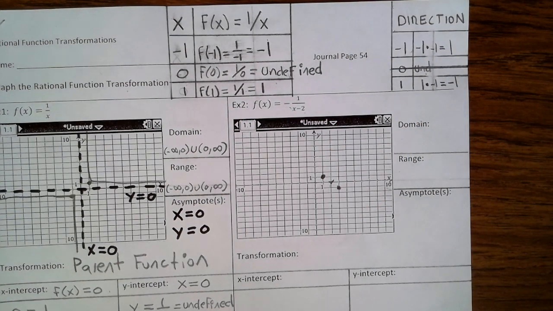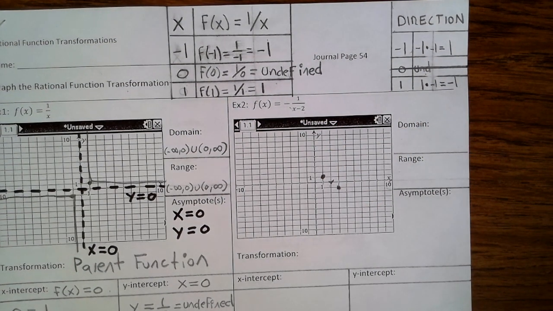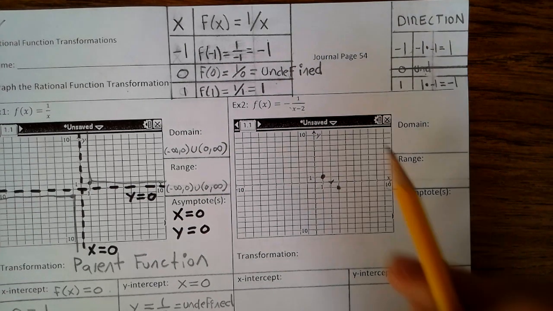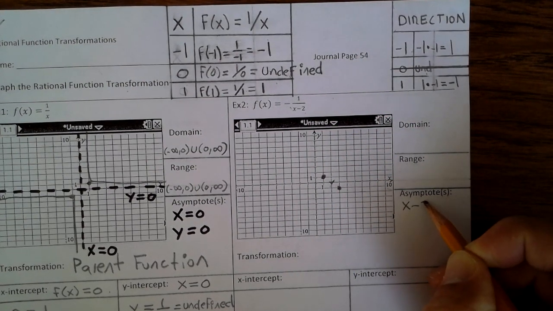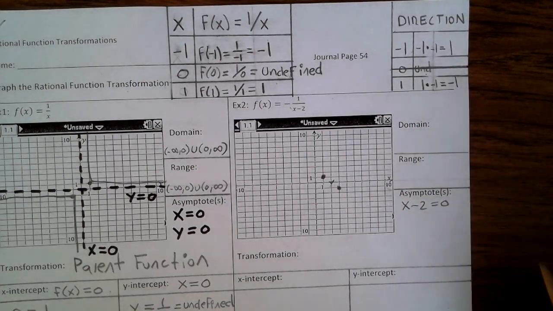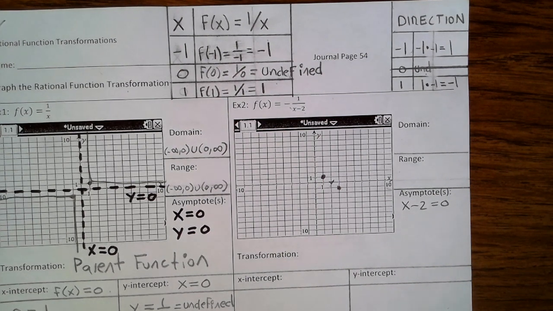Now, to understand where our asymptotes are, we need to set x minus 2 equal to 0. Then x equals 2.